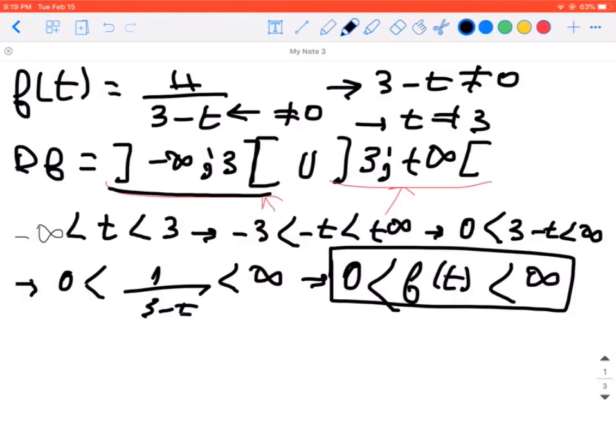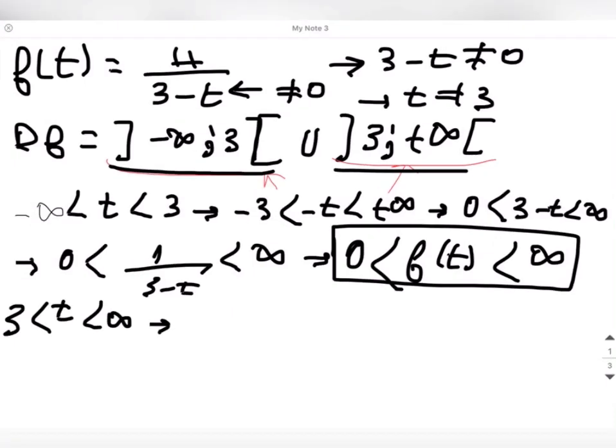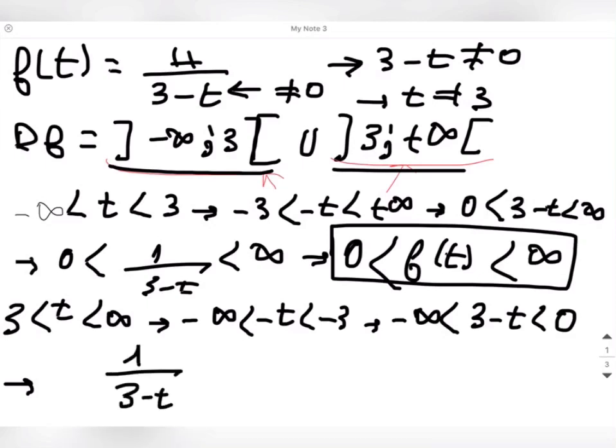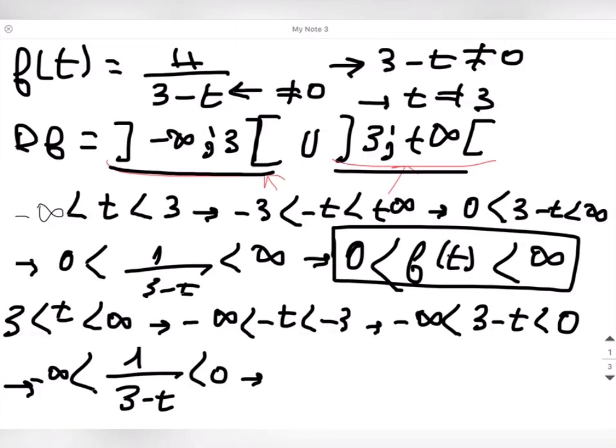Now, if we work here, when t is between 3 and infinity, multiply by 4, we get that f of t is between minus infinity and 0.